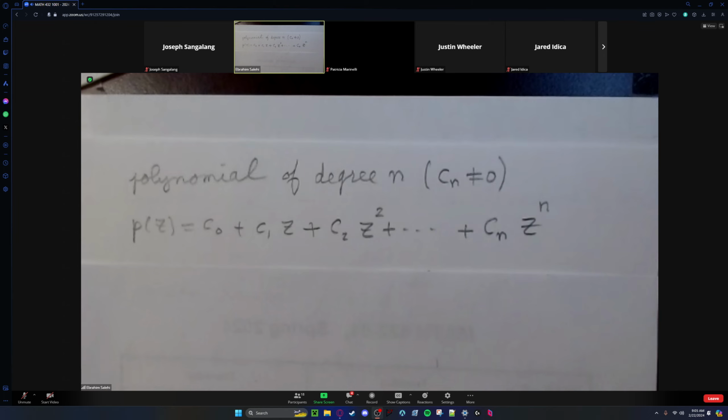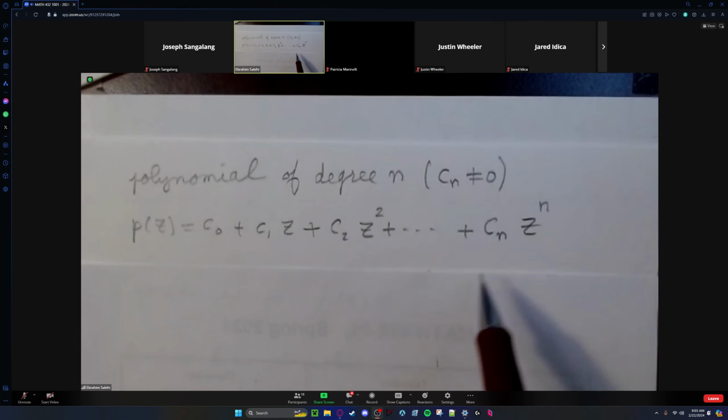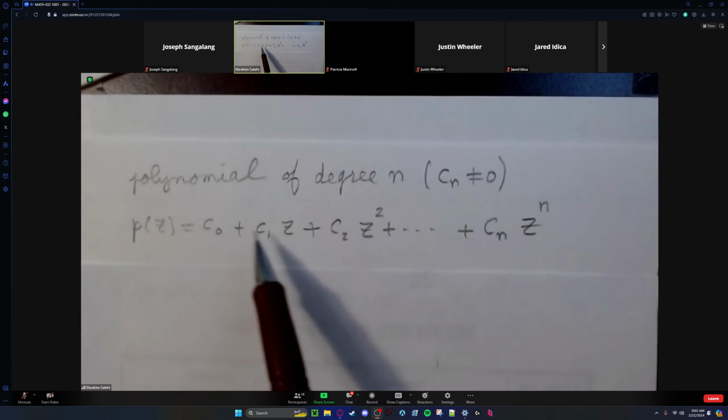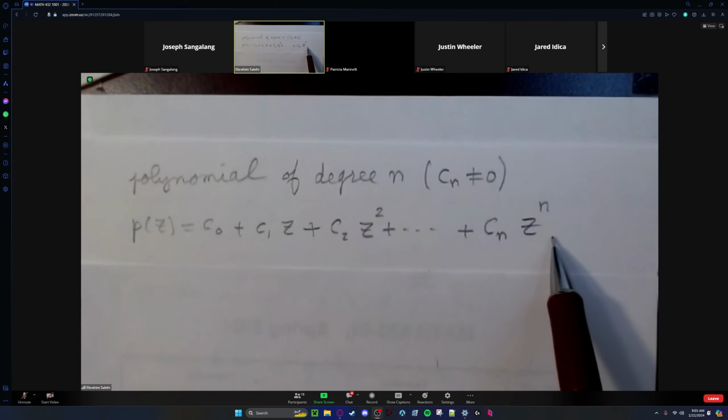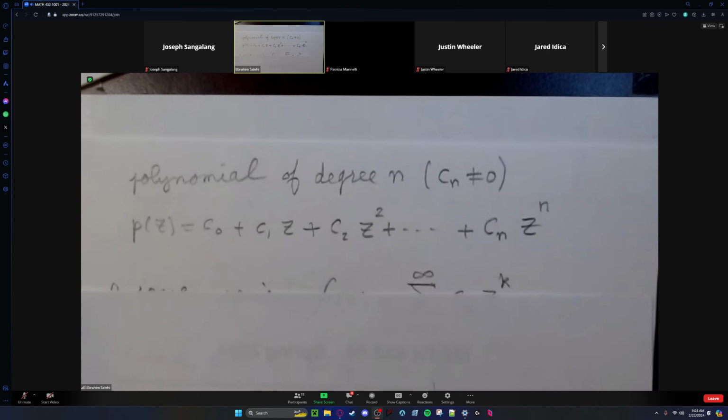But there is a difference between a polynomial when you have finite number of terms. It could be 100 terms, that's fine. Still, it is a polynomial. There is a difference between a polynomial and an infinite series. This is an infinite series.